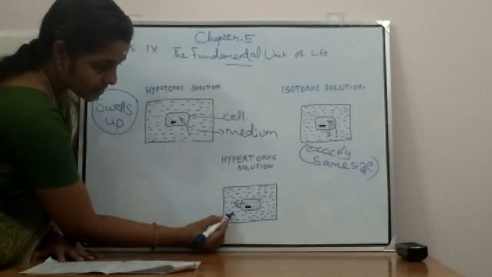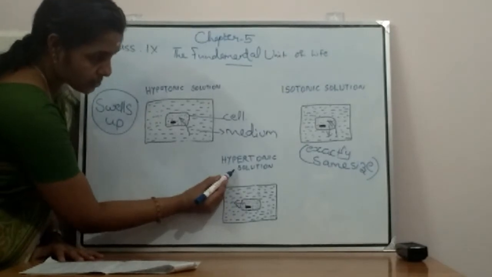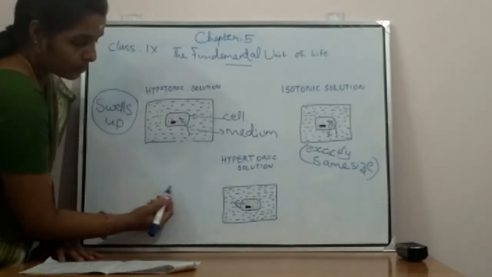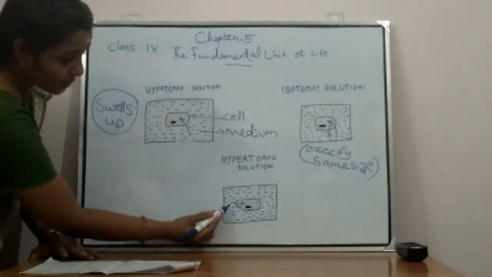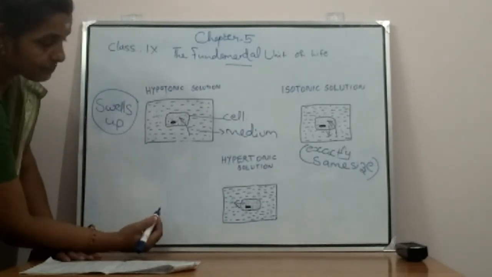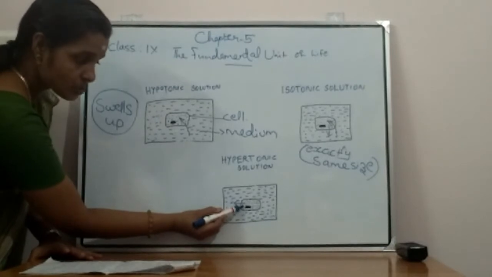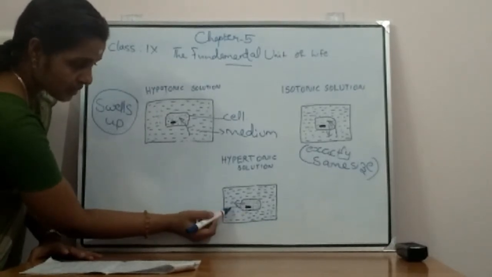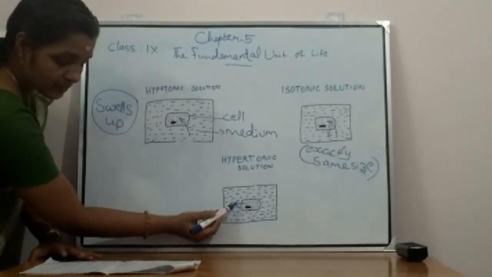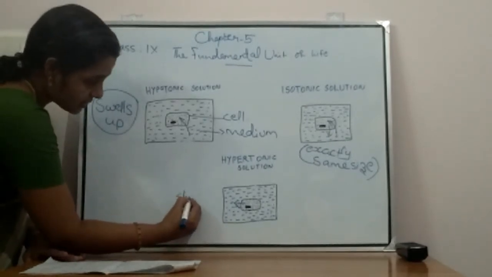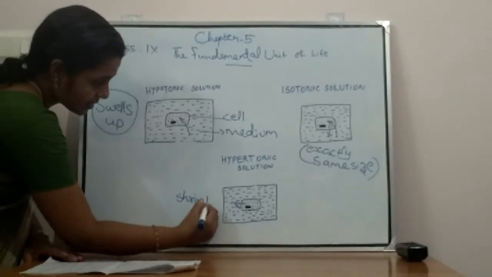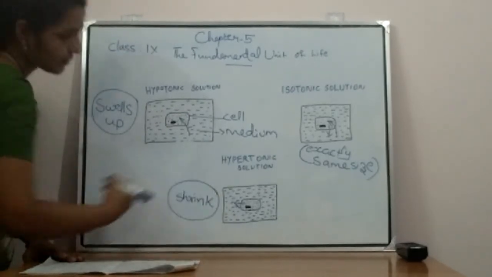And this solution is known as hypertonic solution. If we put a plant cell or animal cell in a hypertonic solution, what will happen? Because inside the cell there are more water molecules than outside, the cell will shrink.